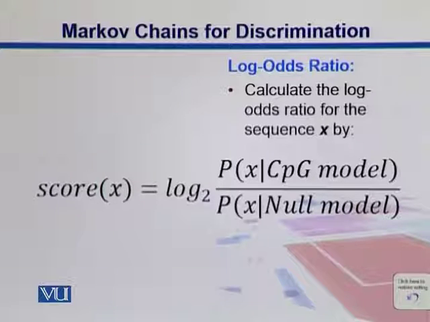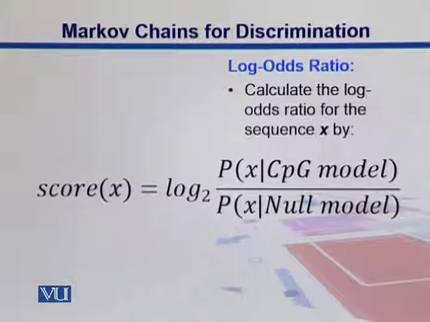So we calculate the log odds ratios for the sequence using log base 2. In log 2, the numbers are converted such that if you get a number 2 on the log 2 scale, that is actually 4, which is 2 raised to the power 2.